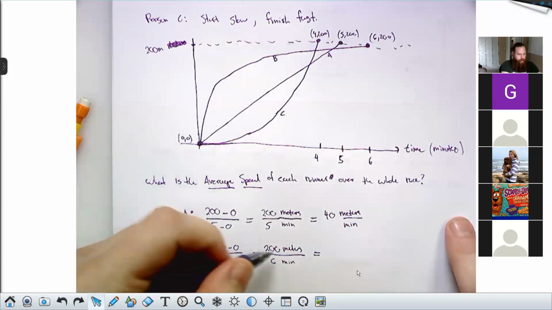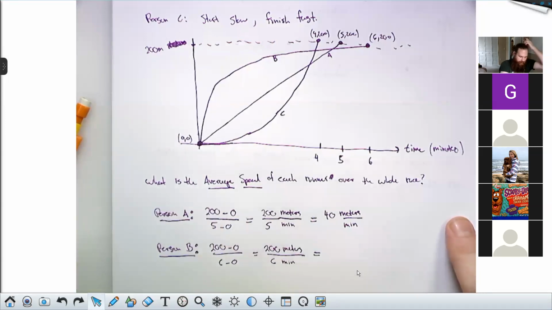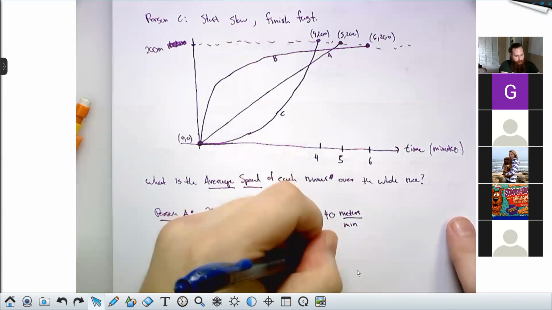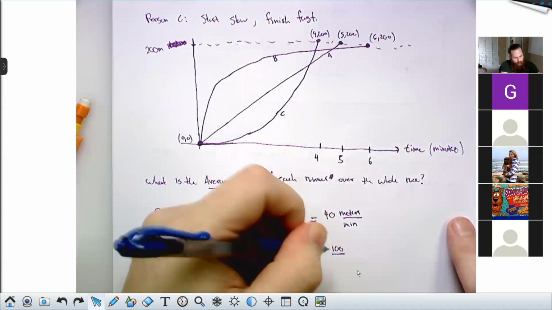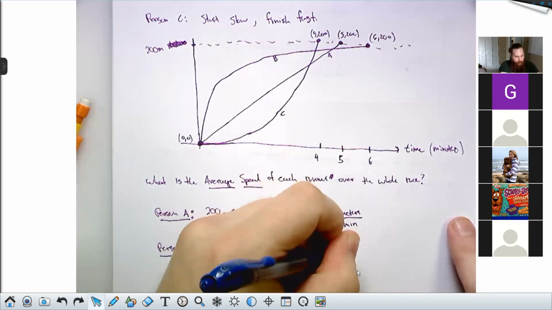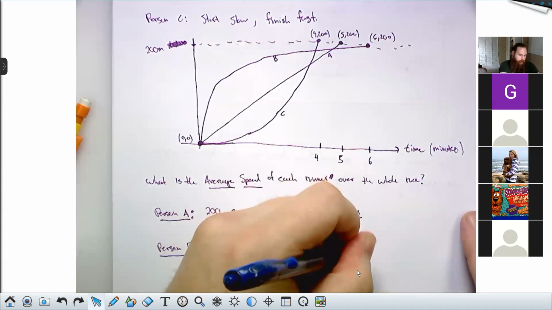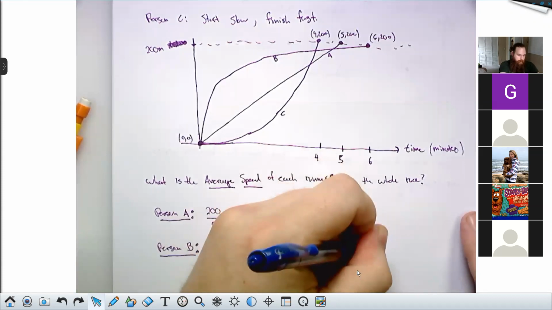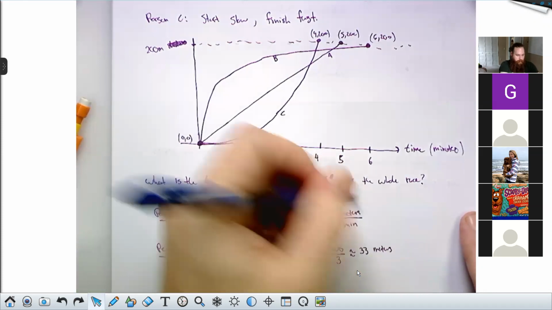You can take the factor of 2 in the 6 and cancel it in the top. So that would be 100 over 3, or about 33 meters per minute.